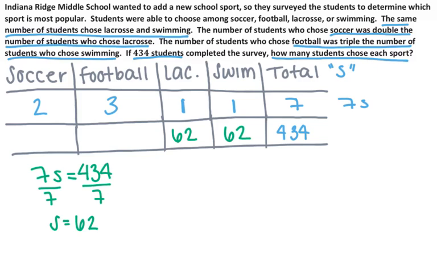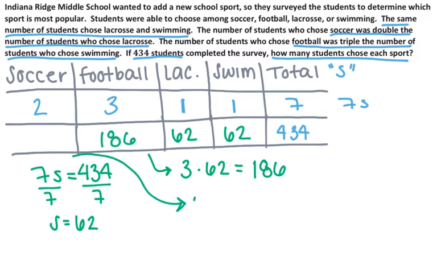So now we just have to find out how many people chose soccer and how many chose football. So for football, we will have 3 times 62, which is 186. And then for soccer, we will have 2 times 62, which is 124.